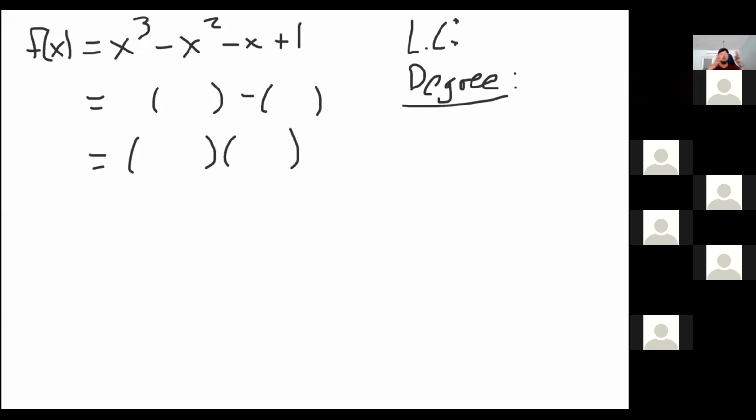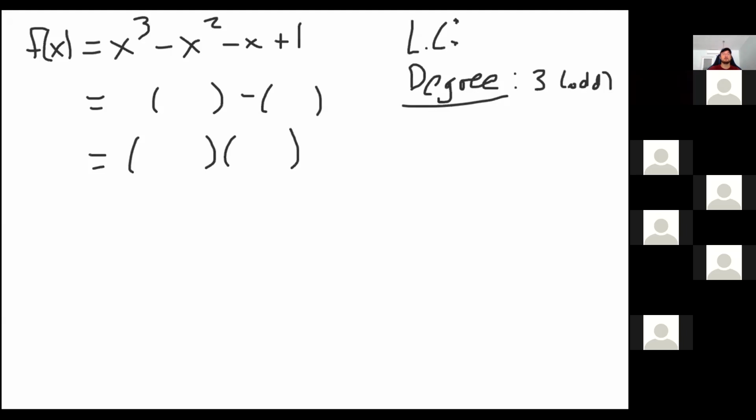Okay, so when I have it in this form, x cubed minus x squared minus x plus 1, I can already spot relatively easily what's the leading coefficient and what's the degree. When I look across, I find the highest exponent that I see, which is a 3. So I know my degree is 3, which means this is an odd number.